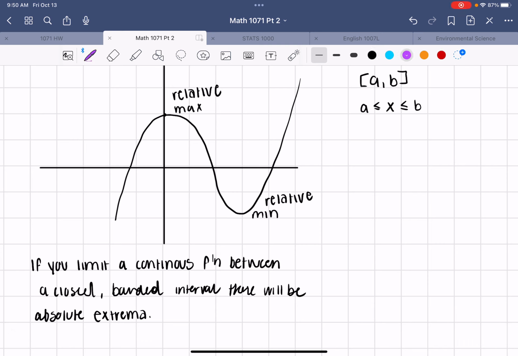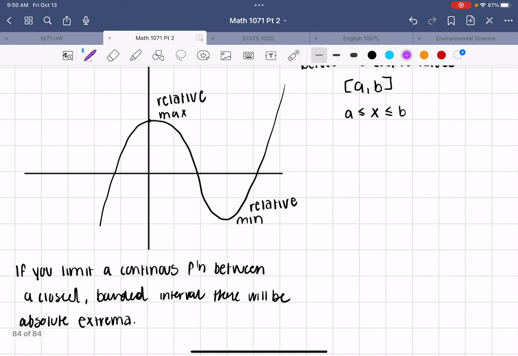I'm only interested in that part of the graph which is above the purple interval. In other words, it starts right about here and it goes up to right about there. So I'm not interested in the whole graph. I'm only interested in the purple piece. That purple piece guaranteed will have an absolute minimum and an absolute maximum.